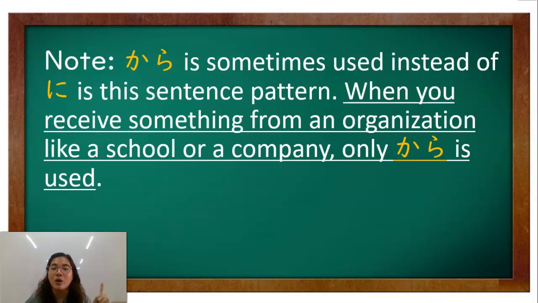Okay? Gakko kara, certificate o moraimashita. So you can use that word. Okay? Or you can say, I received a gift from my company. Watashi wa kaisha kara presento o moraimashita.